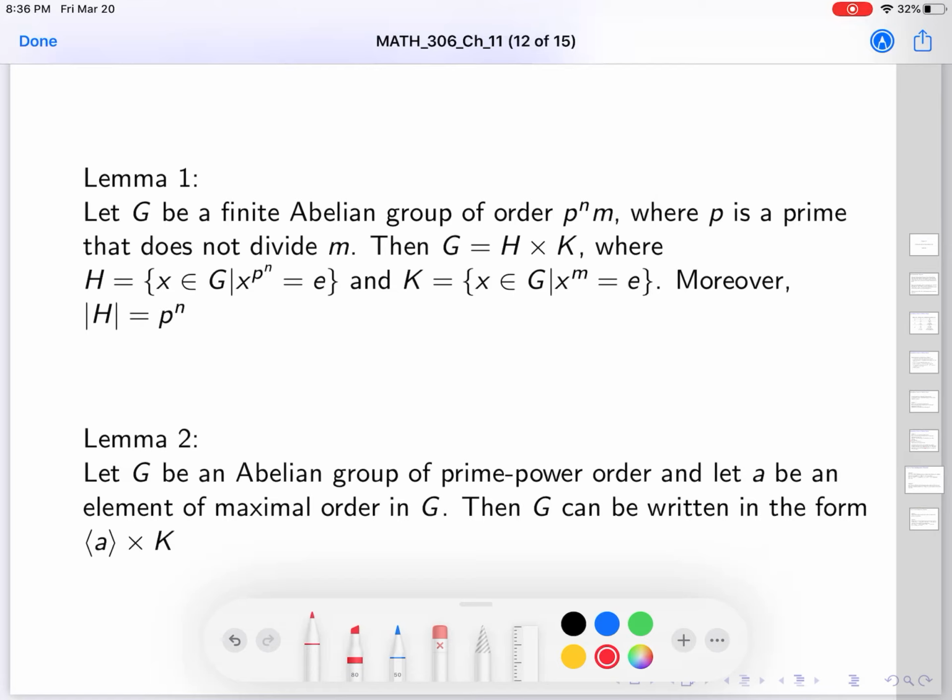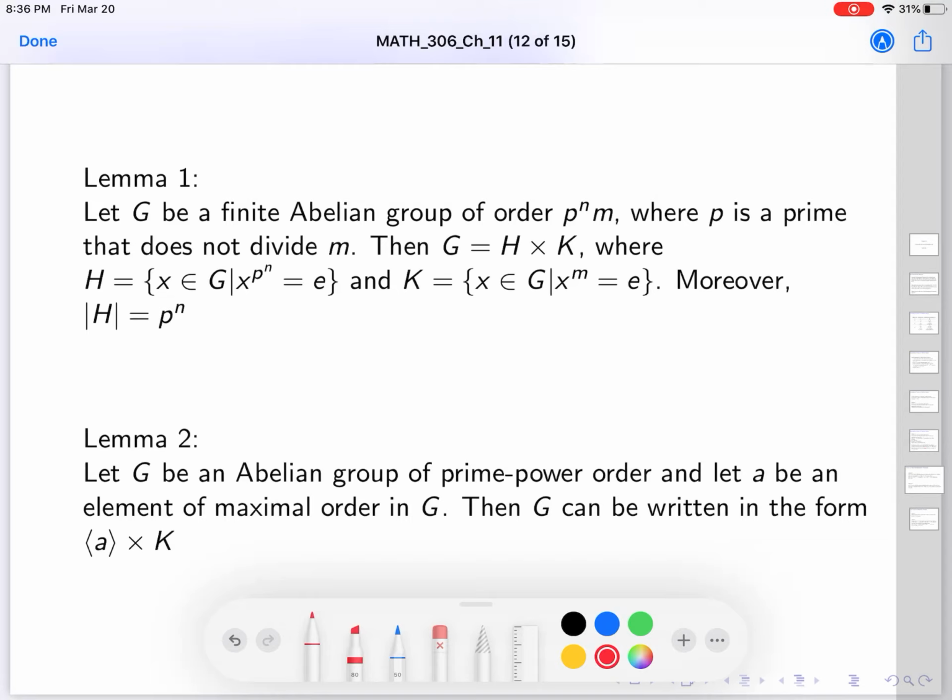Our first lemma here says, let G be a finite abelian group of order p to the n m, where p is a prime that does not divide m. Then G is equal to H internal direct product K, where H is defined as x, an element of G, such that x to the p^n is equal to e.